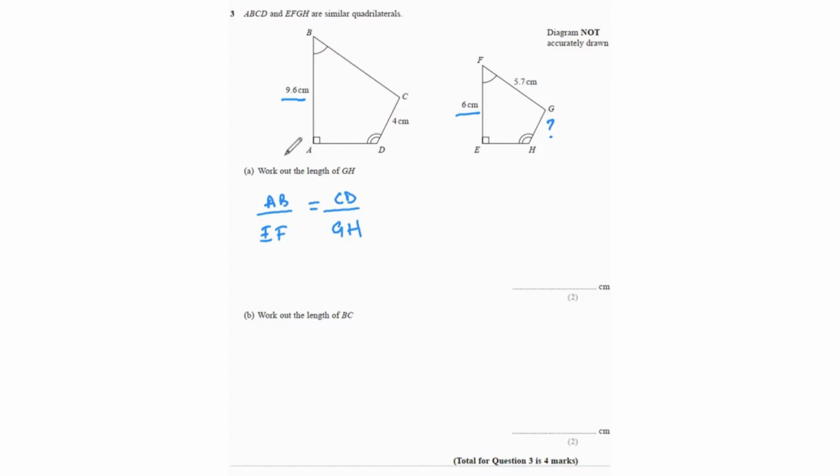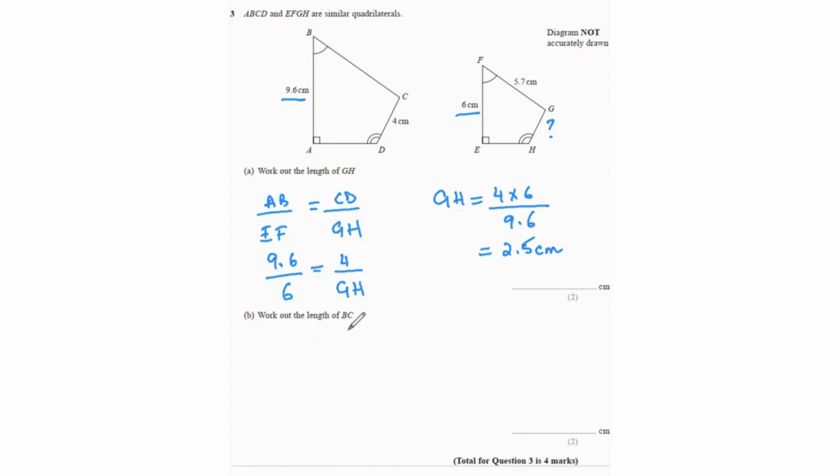So AB turns into EF through a scale factor, and that exact same scale factor turns CD into GH. So 9.6 divided by 6 equals 4 over GH. So GH is going to be 4 times 6 over 9.6, which is going to give us 2.5. So 2.5 centimeters is GH.